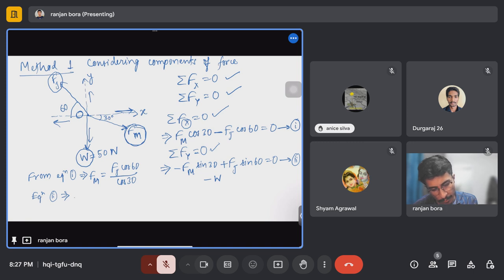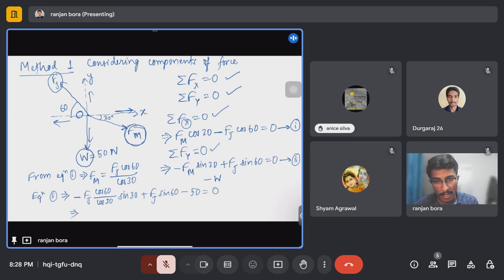That will be minus Fj cos 60 by cos 30 sin 30 plus Fj sin 60 minus W, which is 50, equal to 0.